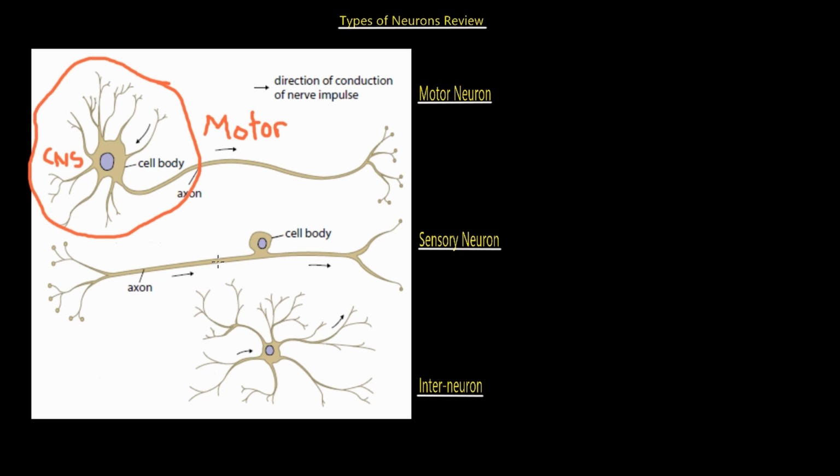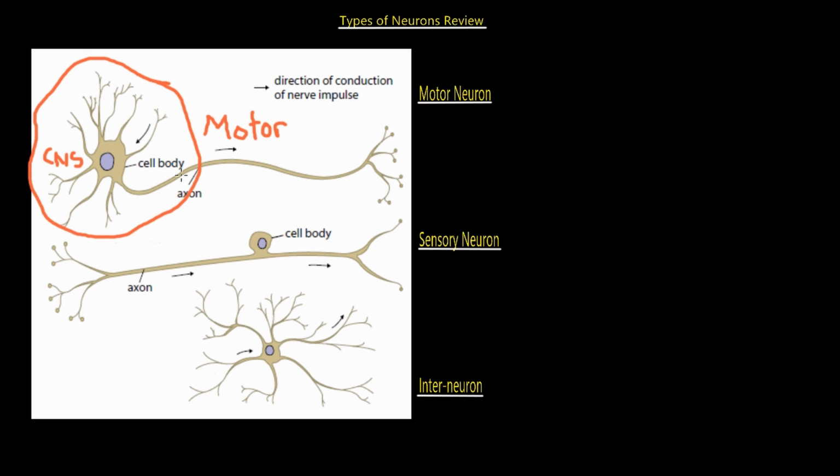The nucleus of the neuron is always in its cell body, and often dark specks can be seen in the cytoplasm if you're looking through the microscope. Typically, the axons of the motor neuron tend to be extremely long. They run very long distances because the cell body is typically located in the spinal cord, and its axon runs all the way to your toes, for example, to stimulate the muscles in the toes.